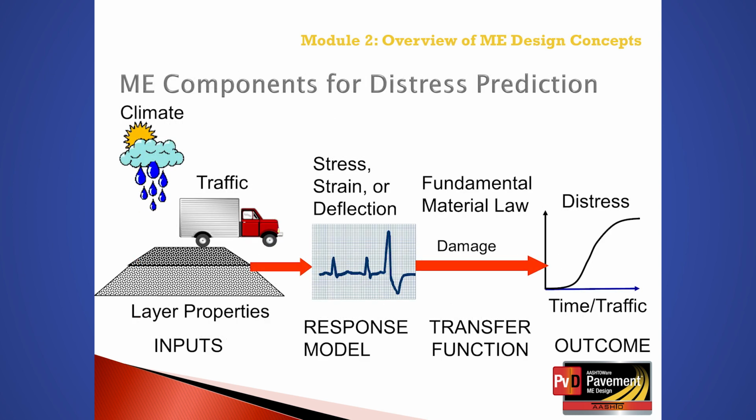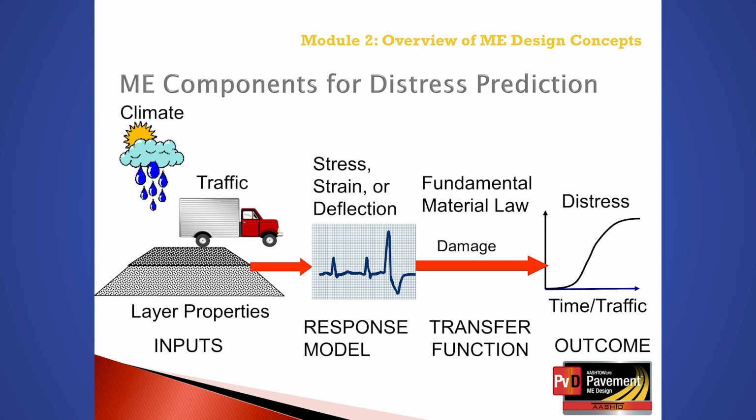The process of how a mechanistic-empirical based analysis is performed through the PMED software is schematically illustrated in this slide. The inputs to the mechanistic-empirical based procedure are used to try and simulate as closely as possible the pavement structure, its layer properties, and how those layer properties change over time in terms of their impact on pavement performance as affected by climate and wheel loads.